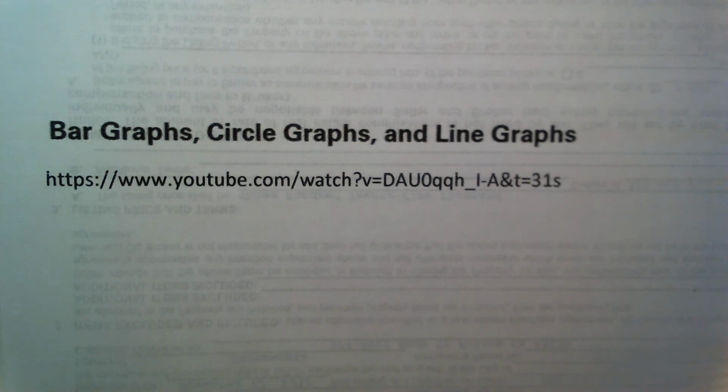For constructing bar graphs, circle graphs, and line graphs, I highly recommend you watch the video displayed here. It's a YouTube video, and I will also place that link directly in Canvas so you can click on it and watch it. You don't have to retype it.